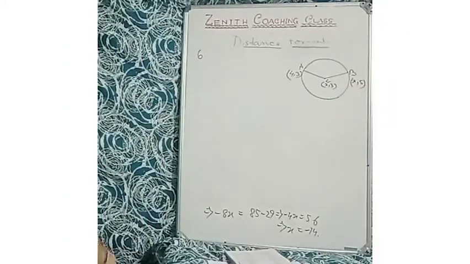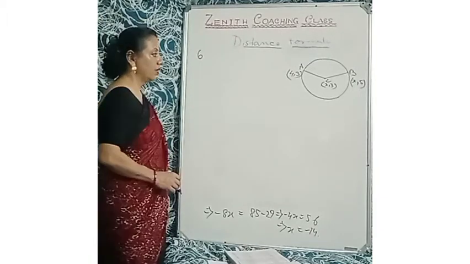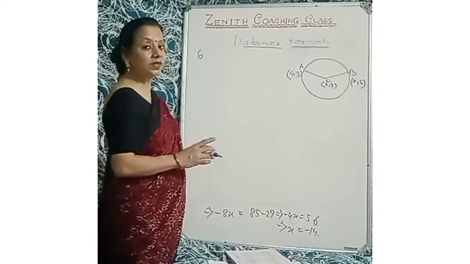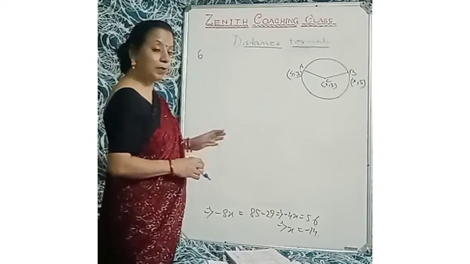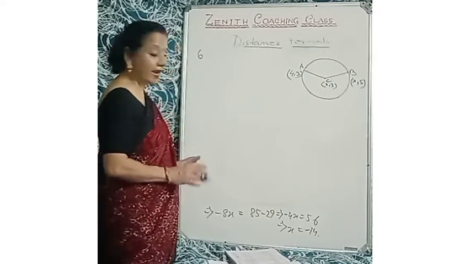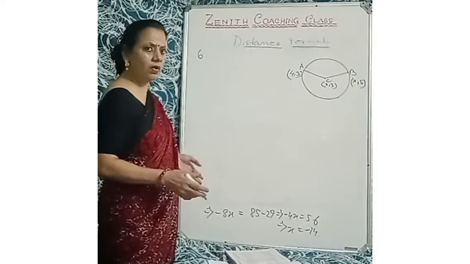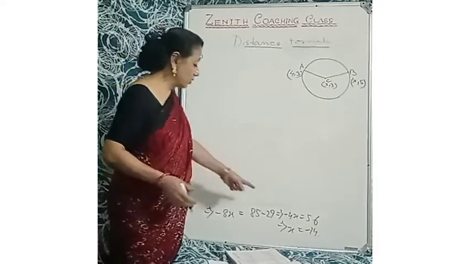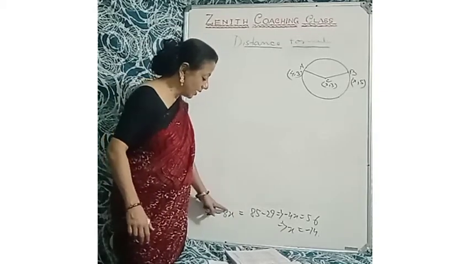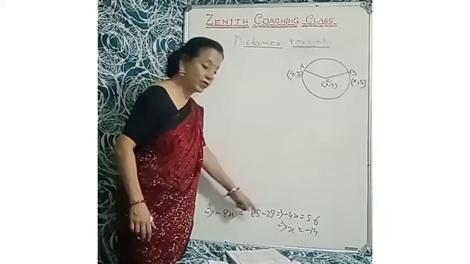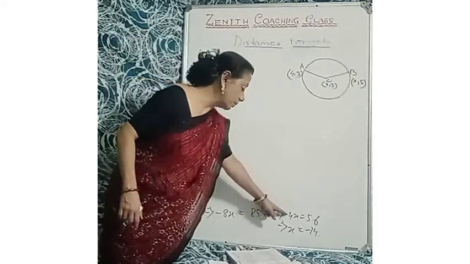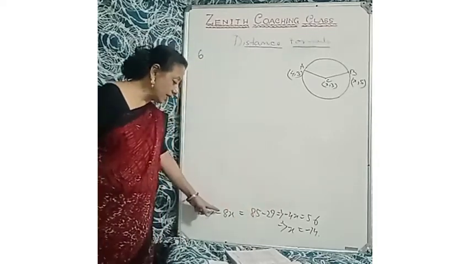So children, now come to the sixth sum. No, I'll not come to the sixth sum first. Sorry, but in the previous sum I have done a great mistake. Always you will do mistakes, I also do some mistakes. That is minus 8x equals 85 minus 29. I had written minus 4x, but it was minus 8x.